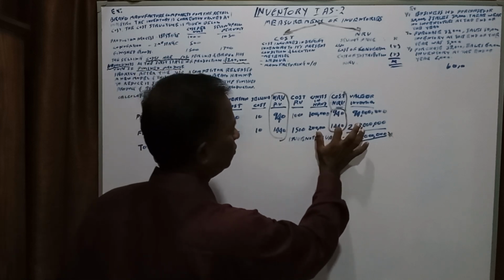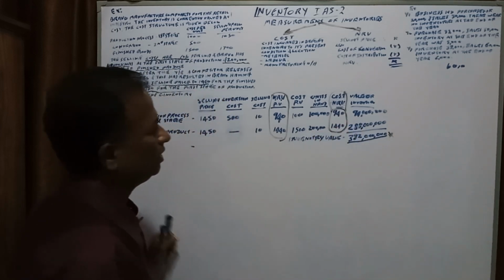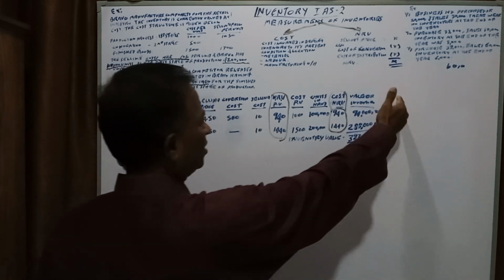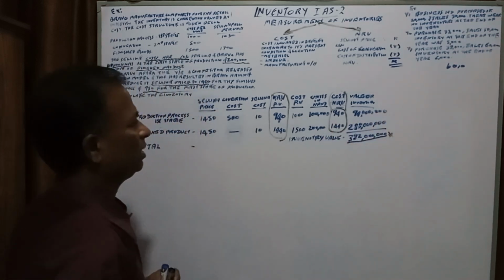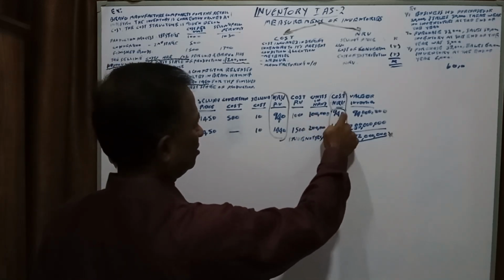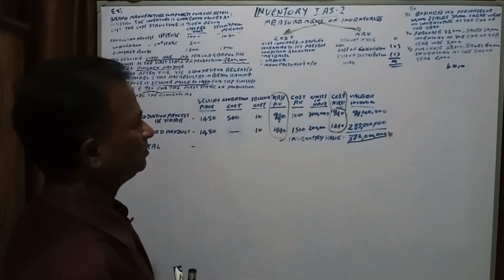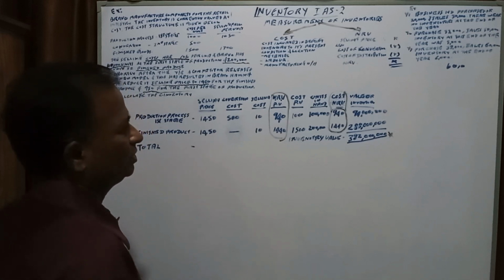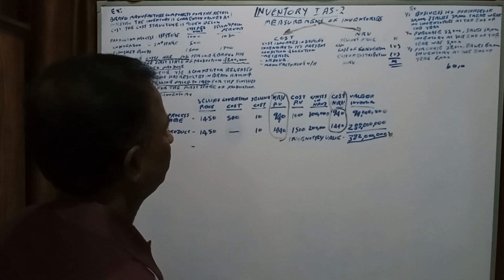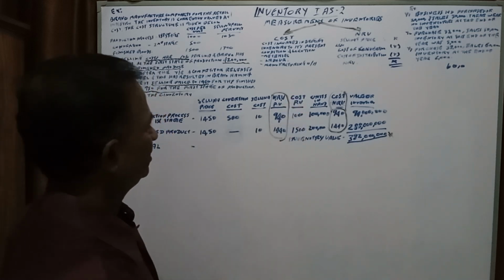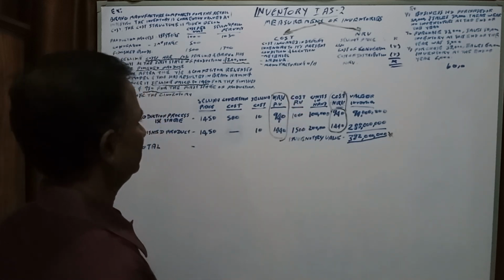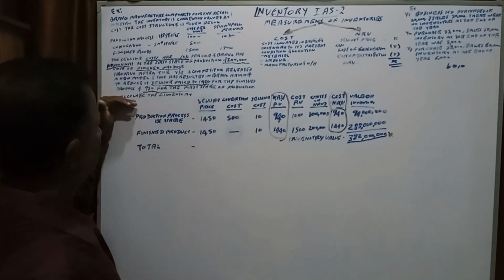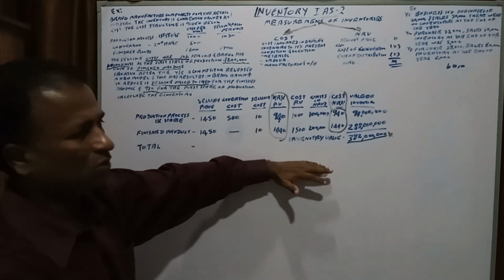So 1440 into 1400, then we have arrived at this. This is the value of the inventory we have to take. Then total this into this. Okay, understood? If they ask you to calculate the difference, what they have accounted as per cost price.